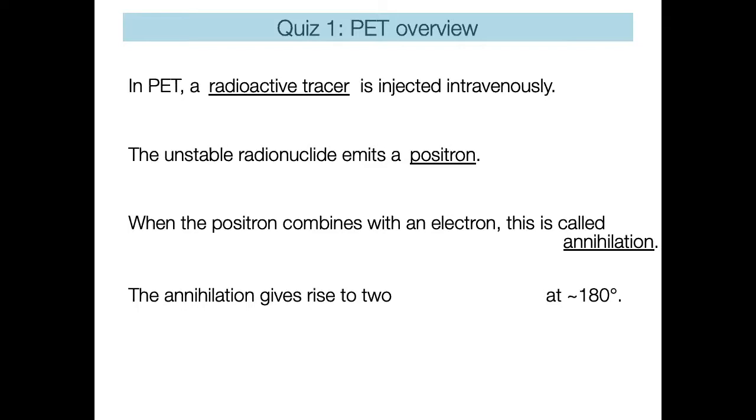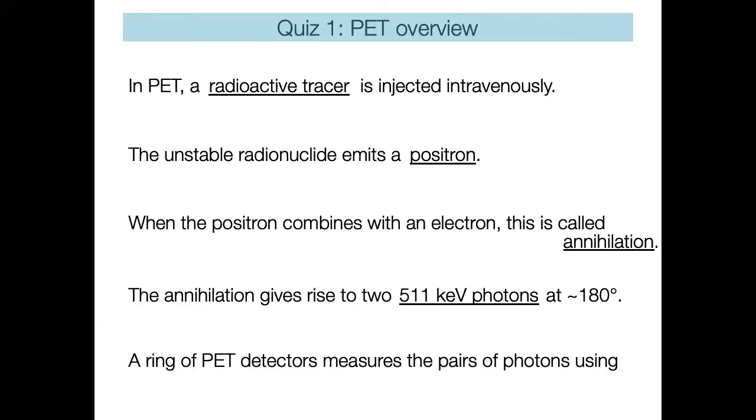Yes, I think I heard it somewhere. So it's 2 511 keV photons. And then a ring of PET detectors measures the pairs of photons using what? This is a tough one. There we go. Yes, thank you. Coincidence detection. Excellent. You've passed the first quiz.